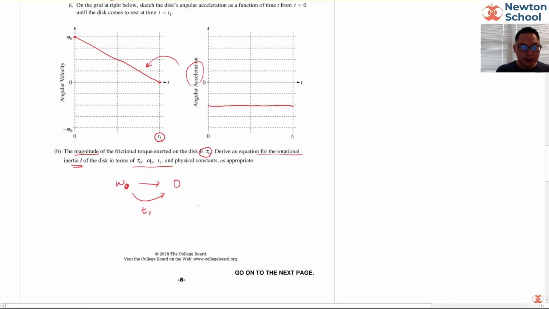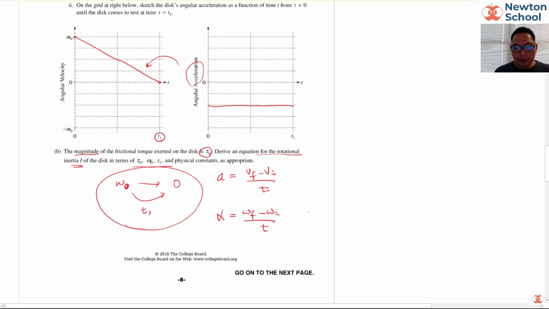This is basically the equation for acceleration. Remember, linear acceleration is v final minus v initial over time, and angular acceleration is omega final minus omega initial over time. Here omega final is 0, omega initial is omega naught, and the time it takes was t1.